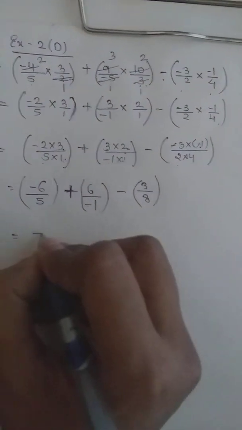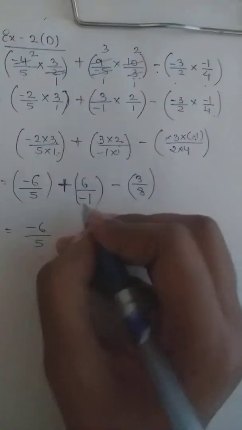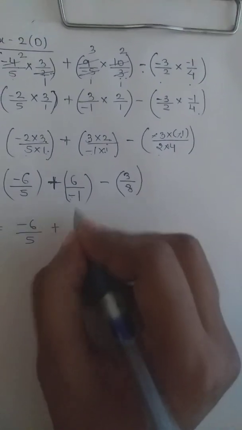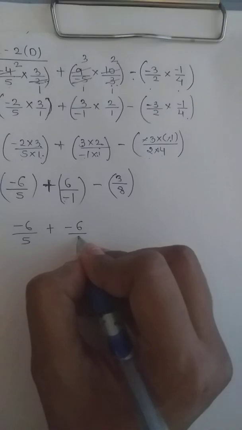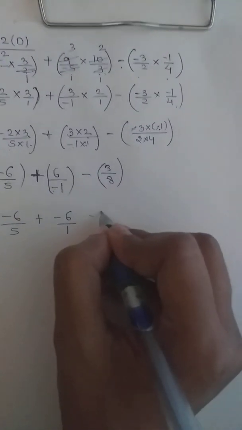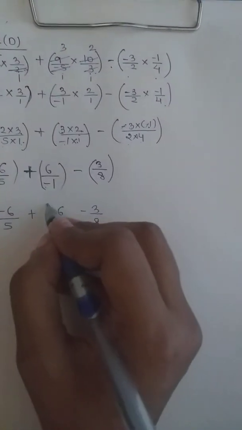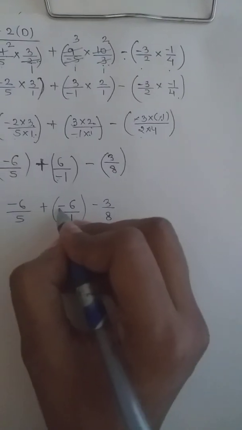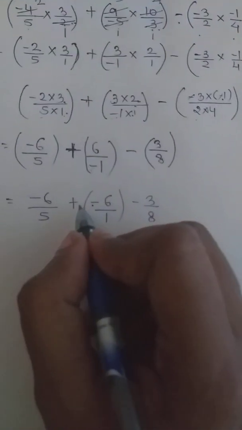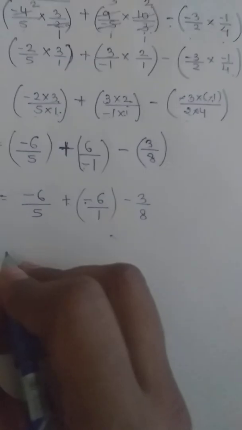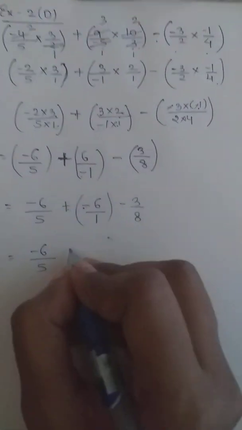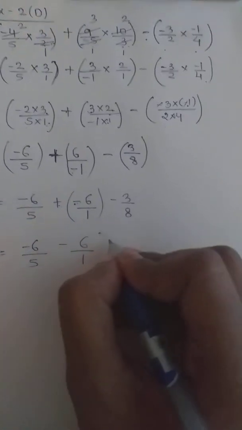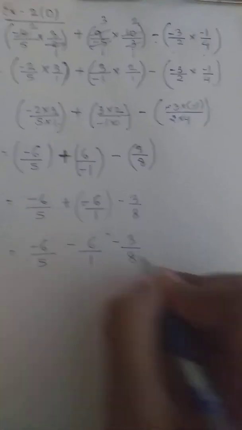For example, minus 6 by 5, plus this in standard form, minus 6 by 1, minus 3 by 8. And this side minus minus has to be plus and plus minus has to be minus. Minus 6 by 5 plus minus 6 by 1 minus 3 by 8.